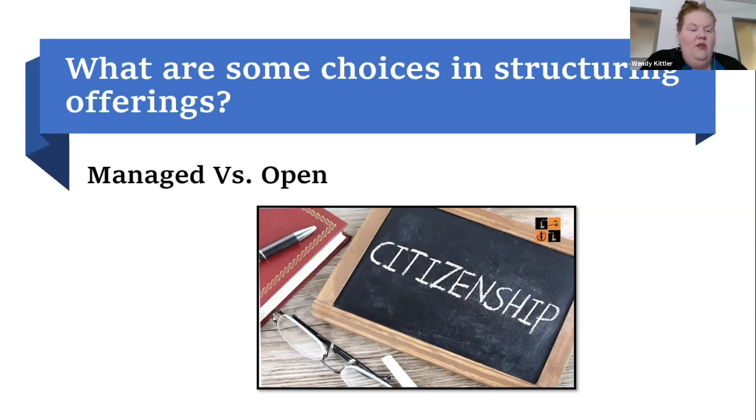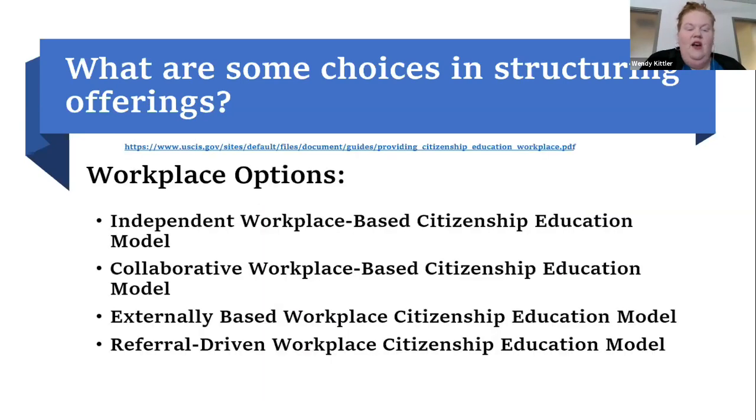But for right now, you could start slowly, think about managed versus enrollment, or you could think about workplace options. So the link under the banner here takes you to some information on these workplace options: independent workplace-based, collaborative workplace-based, externally based, or referral driven.